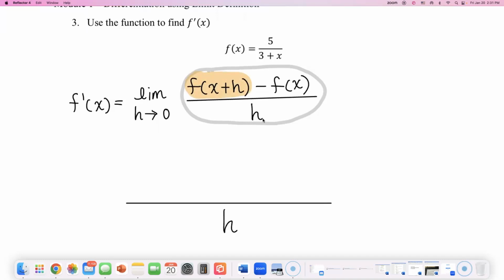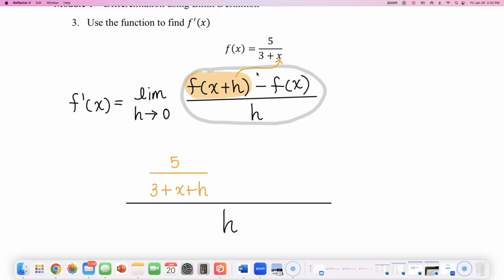Okay, that is plugging in x plus h into x right there. So this fraction will turn into 5 over 3 plus x plus h. Right?